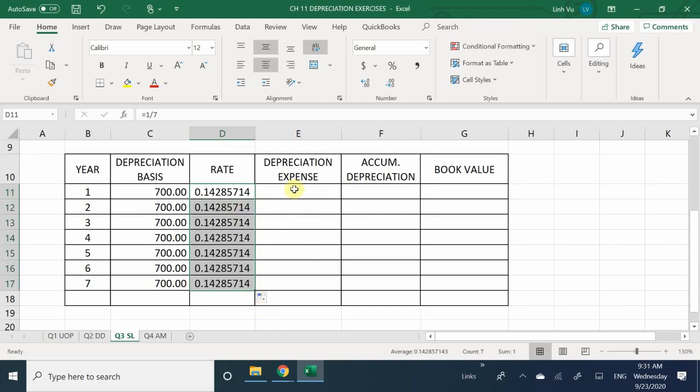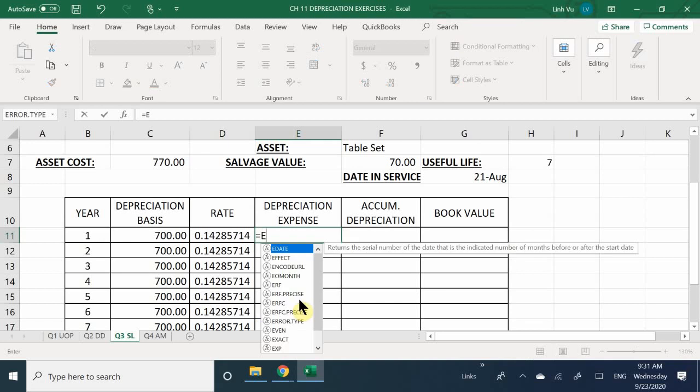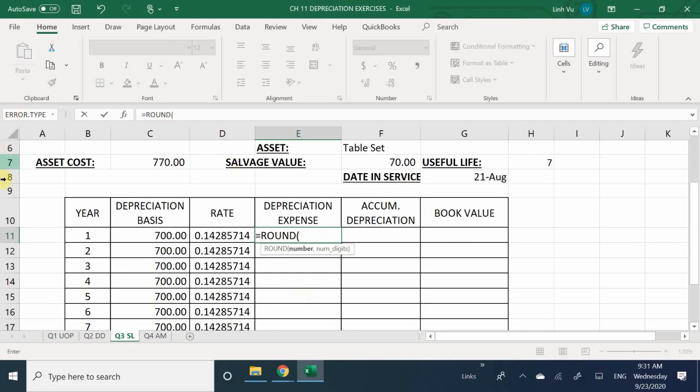Okay? And then, because of the first year's depreciation expense, what is going to be my depreciation expense? We calculate only for the 4 months.